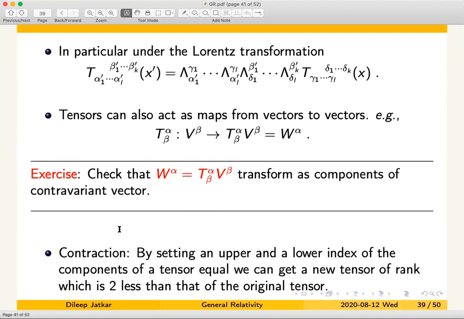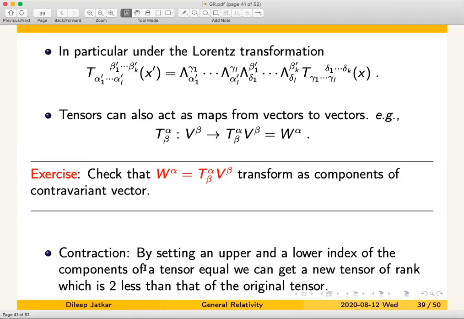And that contraction is defined by saying that you can just set one upper index and one lower index of the tensor to be equal. If you do that, then the new tensor would be a tensor with rank 2 less than the original rank of the tensor.